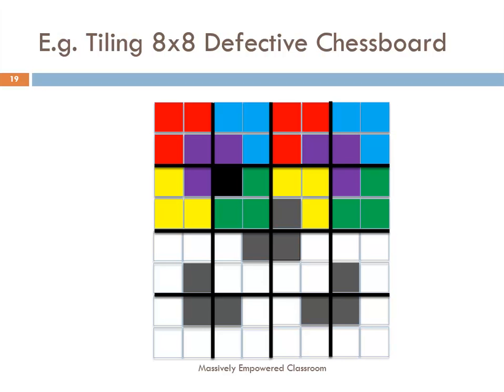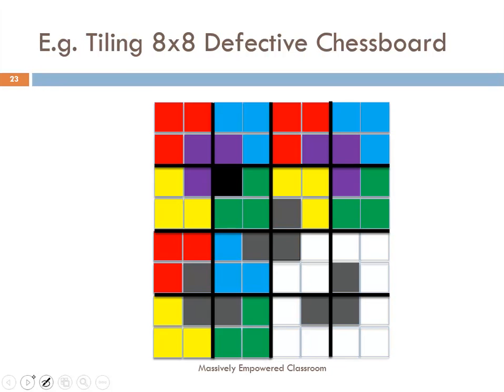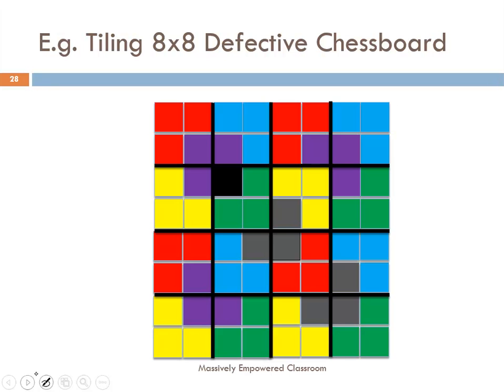So now we have solved 2 of the 4 by 4 problems. We continue red, blue, yellow, green, and then combination purple, and then once again red, blue, yellow, green, and the combination purple. So now I have solved 4 4 by 4 defective chessboard problems.